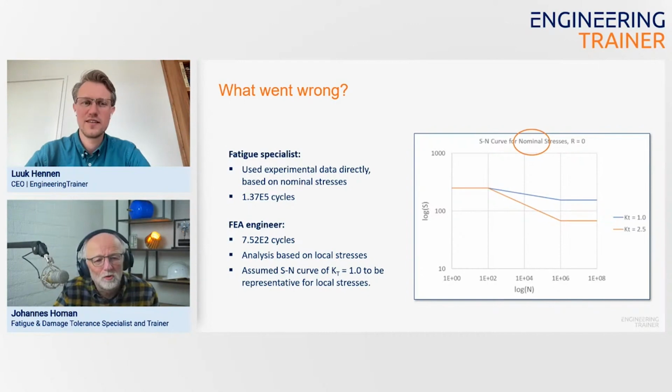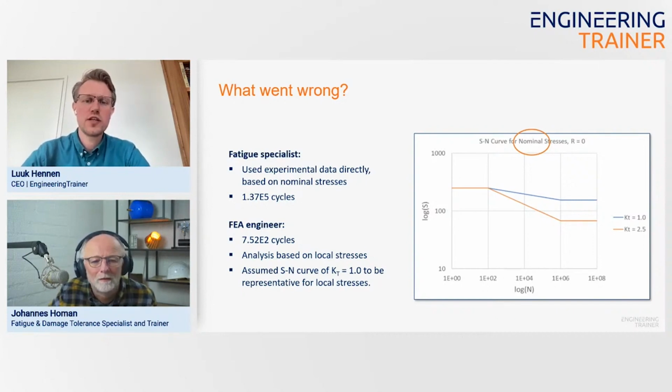So if you want to read your fatigue life from the SN curve, you have to maintain this factor KT all over the diagram. Here it's a factor 2.5, but if you want to use this curve in this part, you still need this factor 2.5 here as well to get the right answer. And that's basically what went wrong.